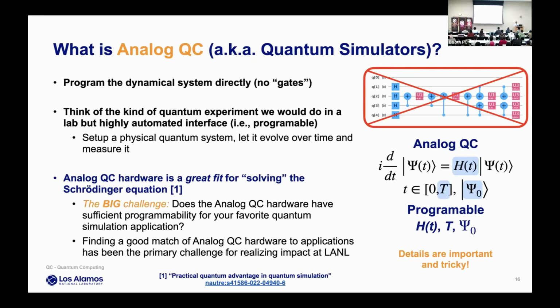But what we found is the big challenge is, does the hardware have sufficient programmability or flexibility to support your favorite application? It tends to be a very tricky question. And indeed, finding a good match of the hardware and applications has been the primary challenge for realizing impact of these computers.